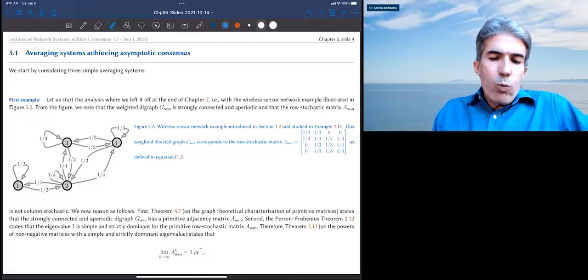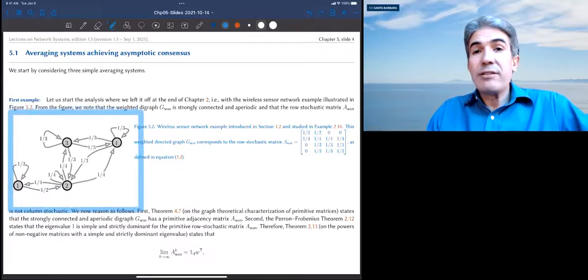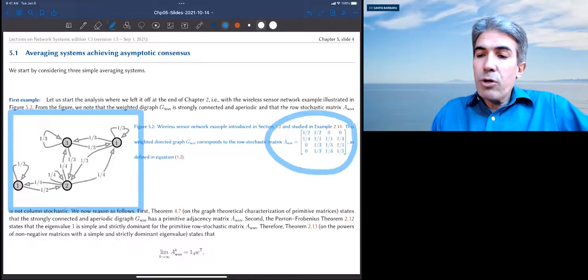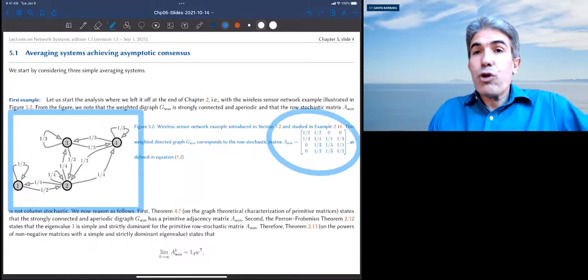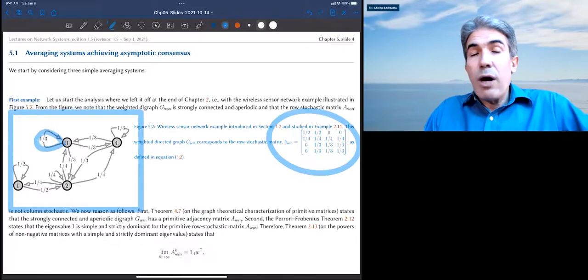So imagine we look at this picture on the left here. This is an image of a weighted directed graph we worked with in chapter 1. This is the corresponding row stochastic matrix. You look at the graph, clearly it's strongly connected. Clearly it has self loops of length 1, therefore it's aperiodic.